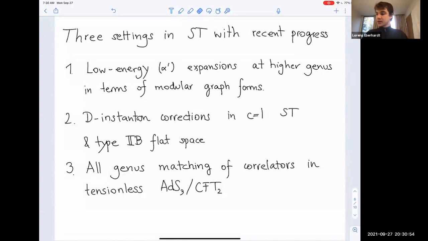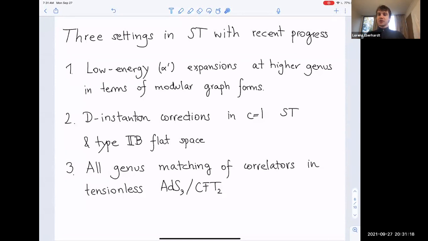Another thing is that in the work of myself and Bob Knighton, in AdS3/CFT2, there's a special case where we also know the full duality, very similar to the c=1 string theory and the dual matrix quantum mechanics. It has very simplifying properties.